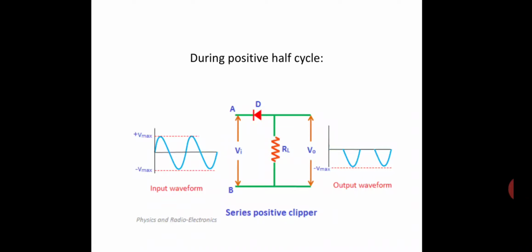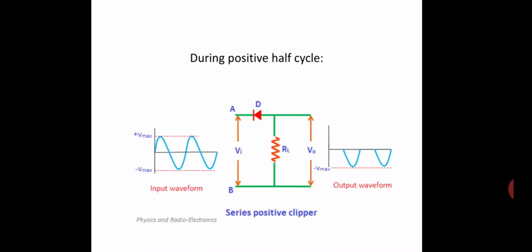A is positive, D is negative, so the connection is reverse bias. So the diode is an open circuit and the output V0 is not received at RL because no current flows through the diode. So the RL output is 0, and the positive output voltage is 0.